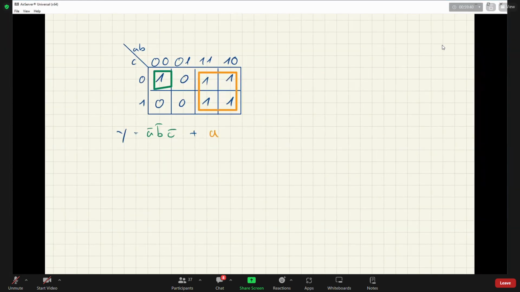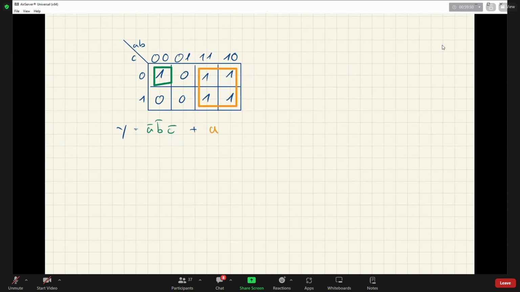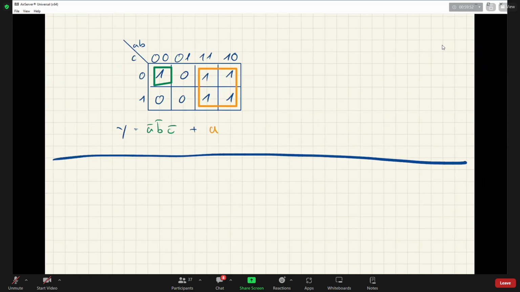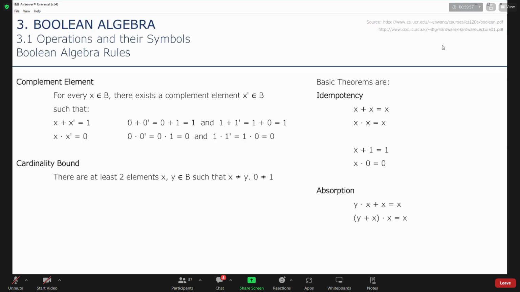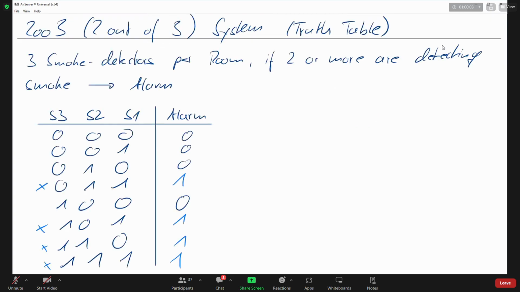So then let's come to the next example. We talked last week about an additional problem, which is not described in the slides, about this 2 out of 3 setting. Let me just see if I can find it briefly. Here. So we said 3 smoke detectors per room.